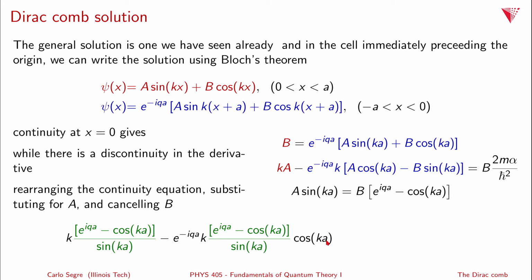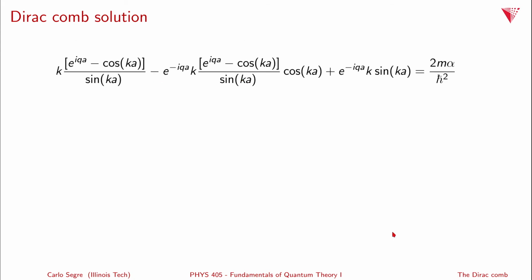And that's all times cosine of ka. And then you have e to the plus, because you have two minus signs, e to the minus iqa k times the sine of ka. And that's equal to 2m alpha over h bar squared. We've canceled the b's, which appeared in every term.